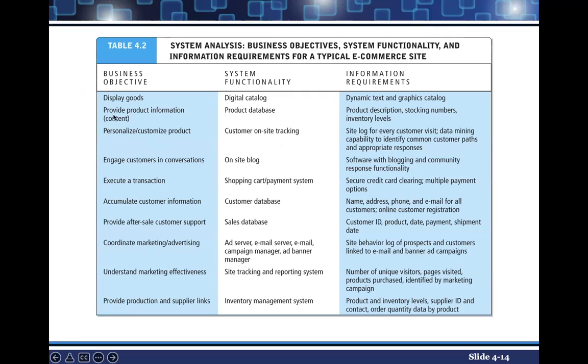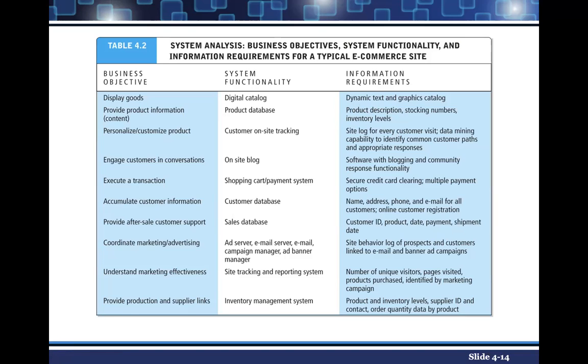Let me give you a couple of examples. If the business objective is to display goods, the system functionality is the digital catalog display, and the information requirements are that we need to have a dynamic text and graphic catalog to be shown to the customer.